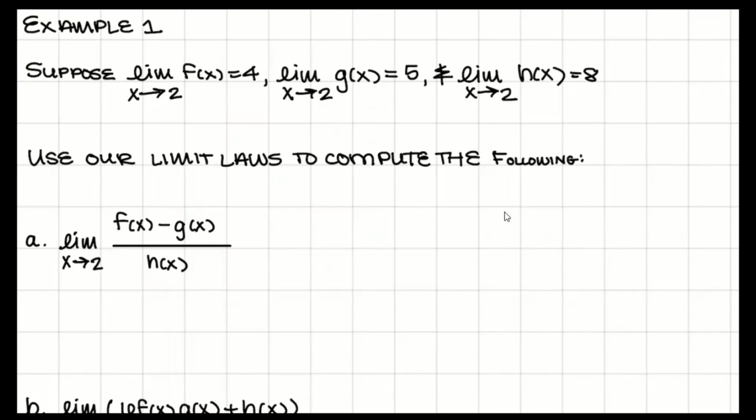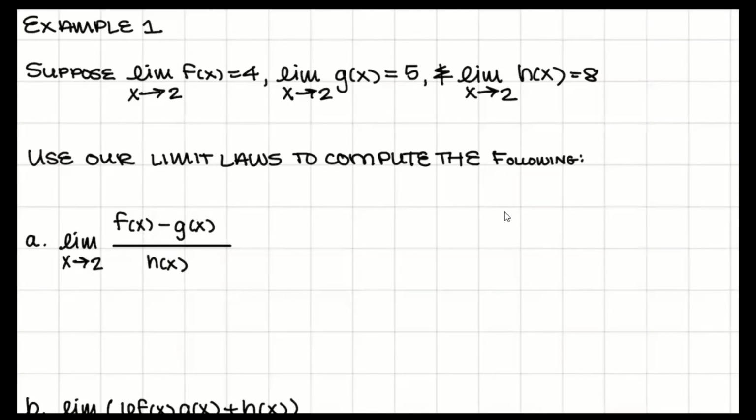So the first one is the limit as x approaches 2 of quantity f of x minus g of x over h of x. Well, we can start from the outside and build inward, and the outside is going to be that quotient rule.